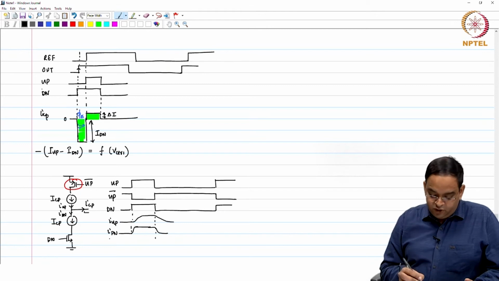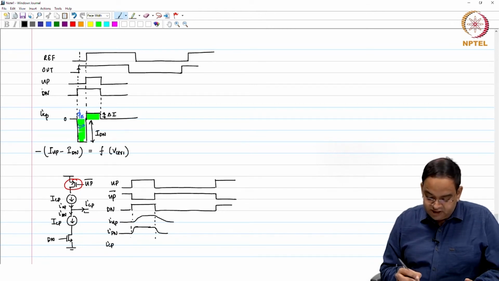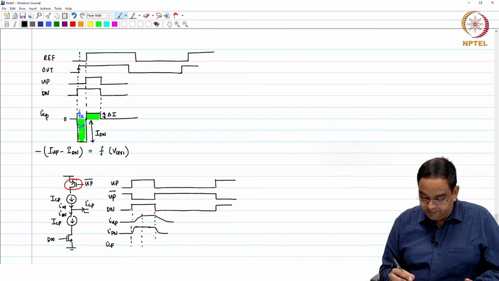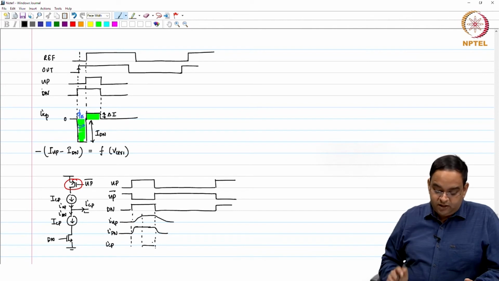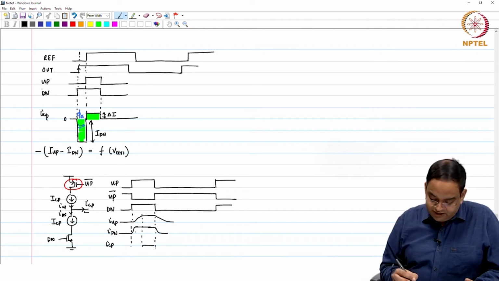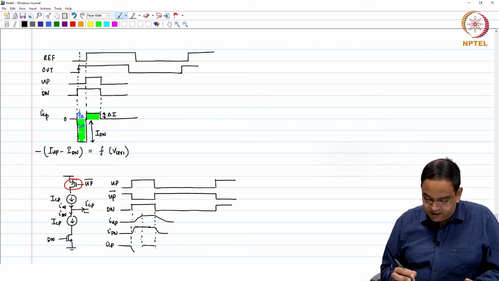If you look at ICP, which is nothing but I up minus I down, during this time it is 0, but during the transition time, you are going to see some kind of current like this, and then it will have the opposite.